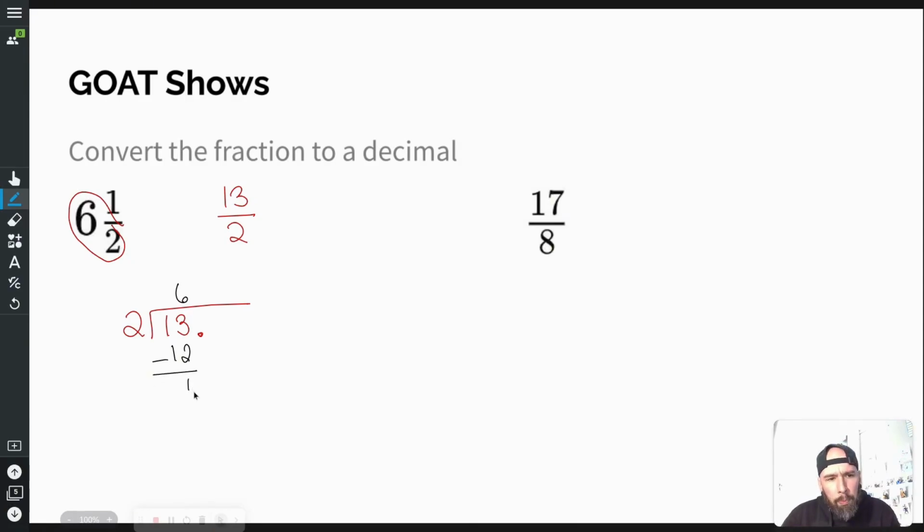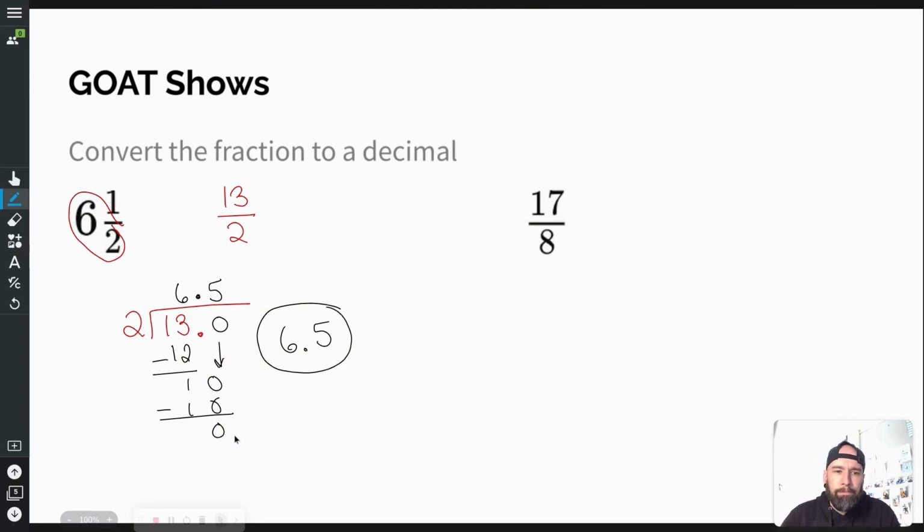Subtract, you get 1. Put a 0 there, drop down the 0. 2 goes into 10 5 times. 5 times 2 is 10. Perfect. No remainder. So my answer is going to be 6.5.